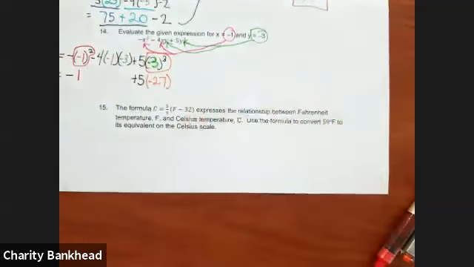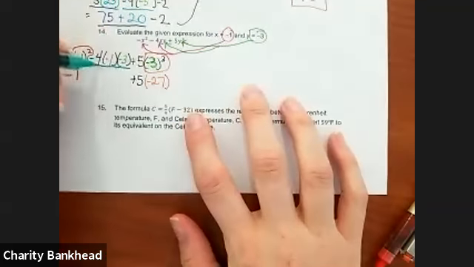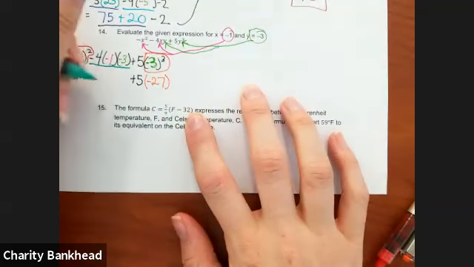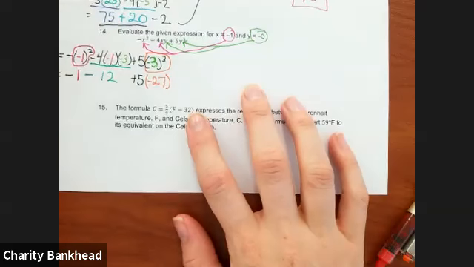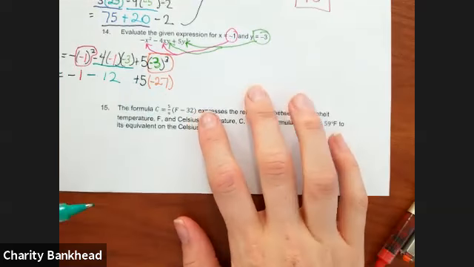All right, and then let's go ahead and multiply. So a negative times a negative times a negative is going to end up still being negative. 4 times 1 times 3 is 12. So I have -1 minus 12 plus 5 times -27.